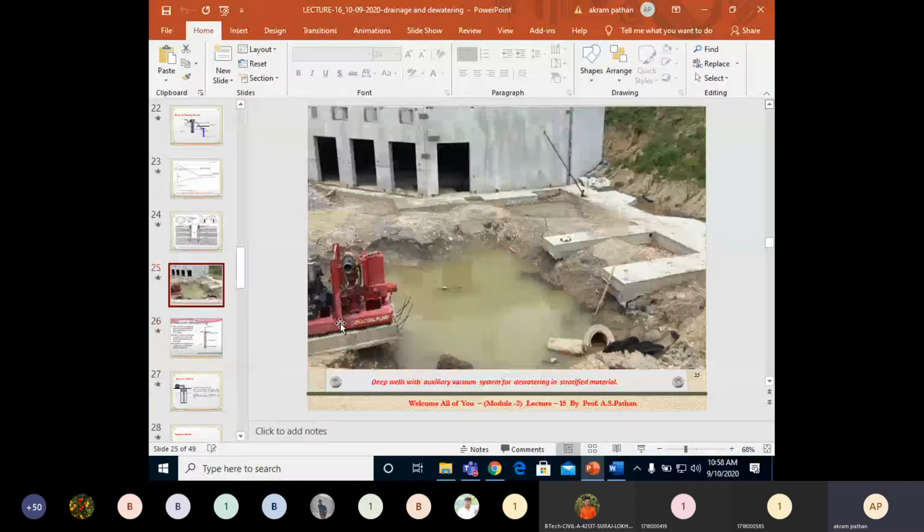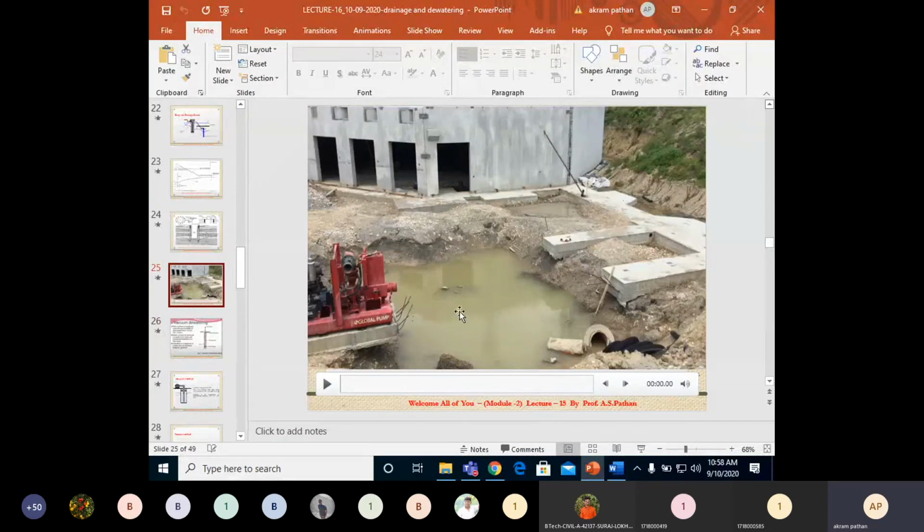Now in the previous slide, this is a foundation for the structure, and this area has water.